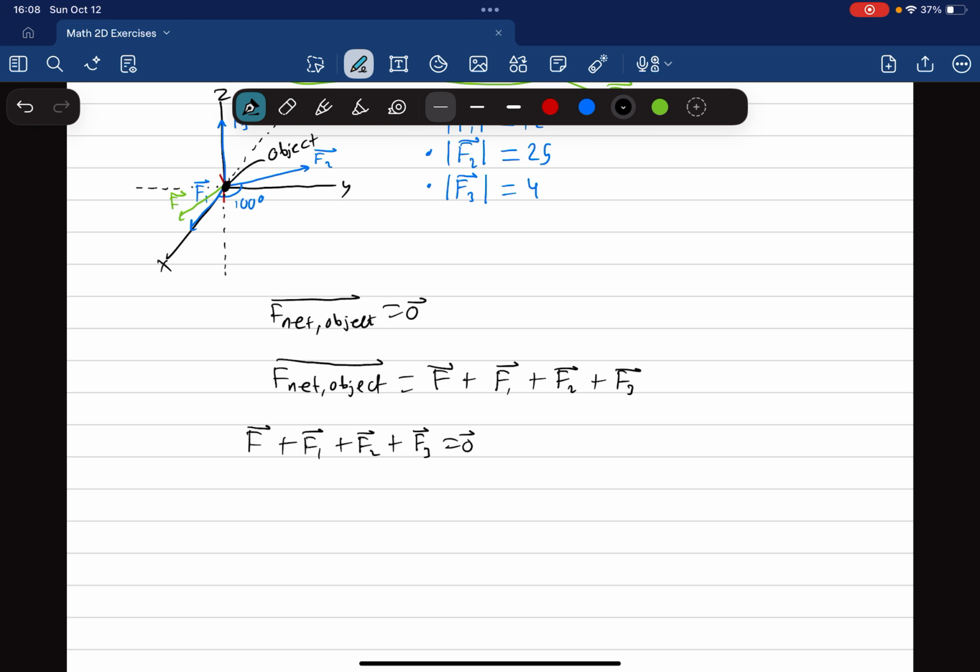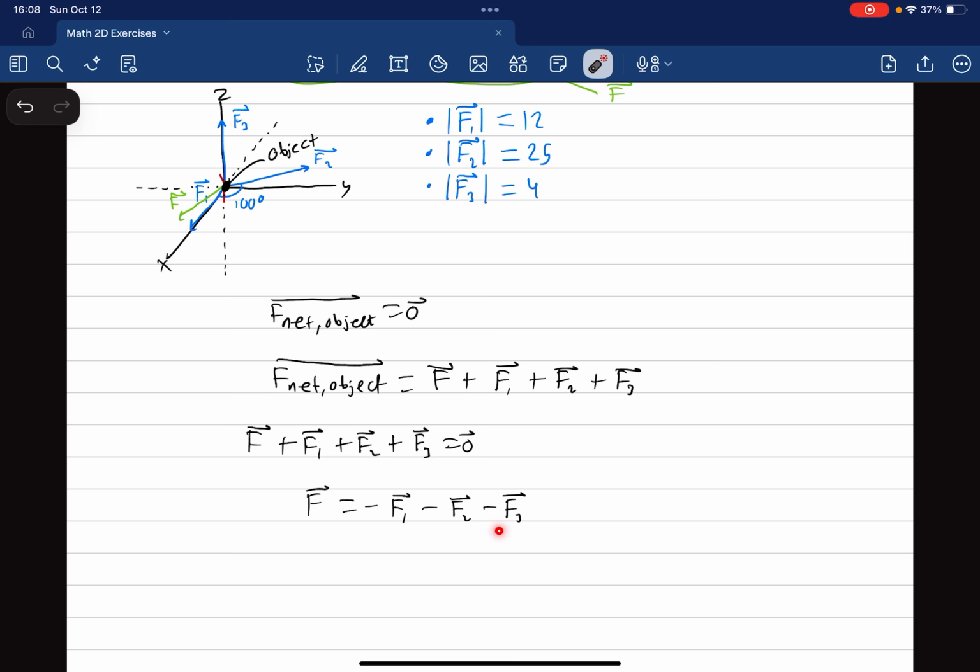Now, at this point, we can already solve for F if we just subtract all the other vectors to one side. This is negative force 1 minus force 2 minus force 3. And so to calculate what the length of our vector is, we just need to find some coordinates for these vectors, coordinate representations.